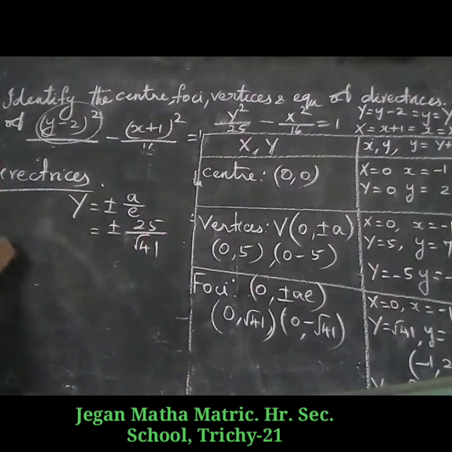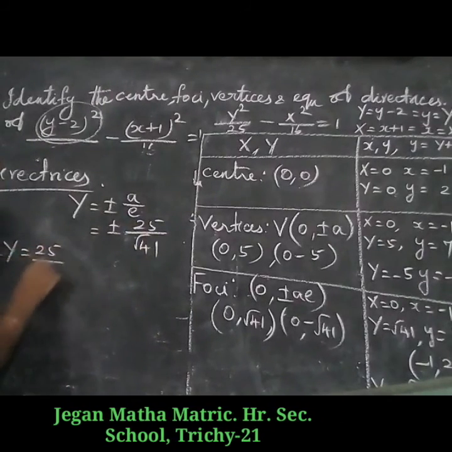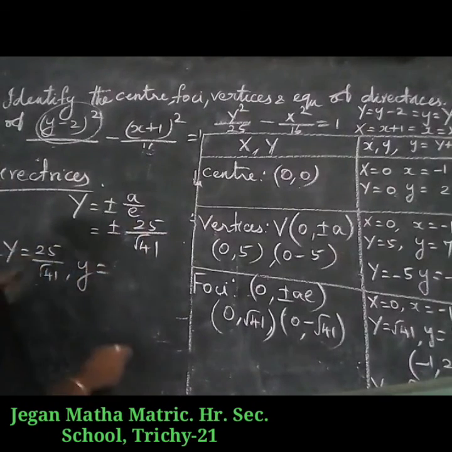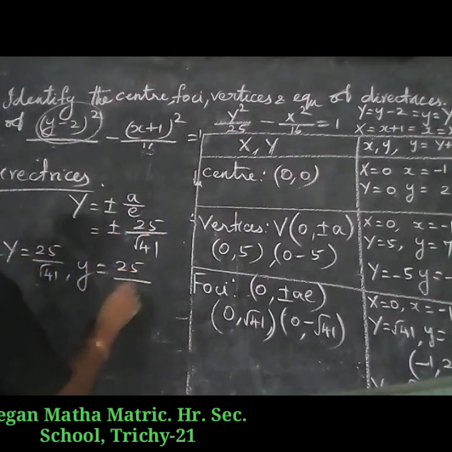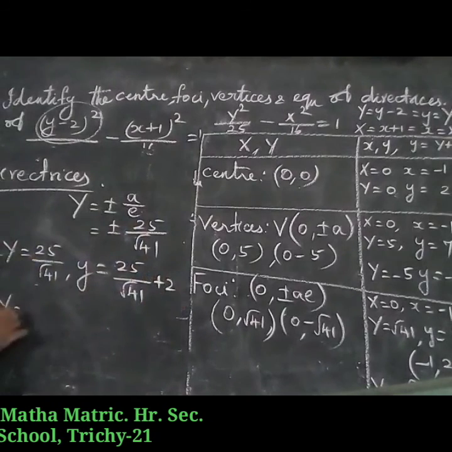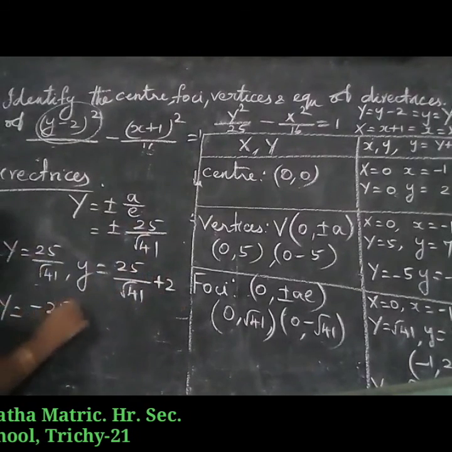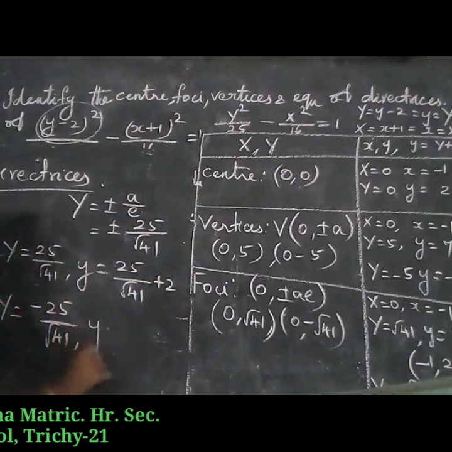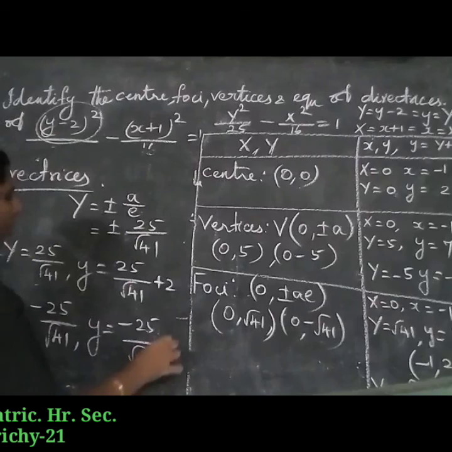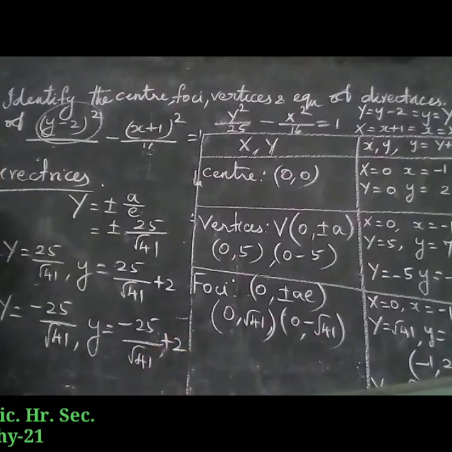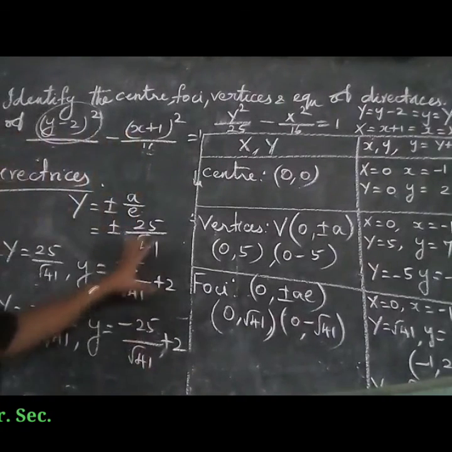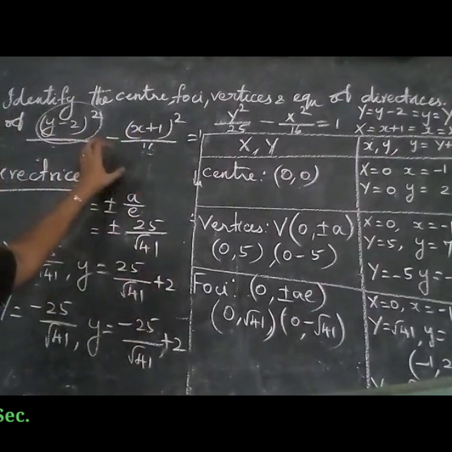So when capital Y is equal to 25 by root 41, small y is equal to Y plus 2, so 25 by root 41 plus 2. When capital Y is equal to minus 25 by root 41, small y is equal to minus 25 divided by root 41 plus 2. Like this, you can identify the center, focus, vertices, all the values for the given hyperbola.